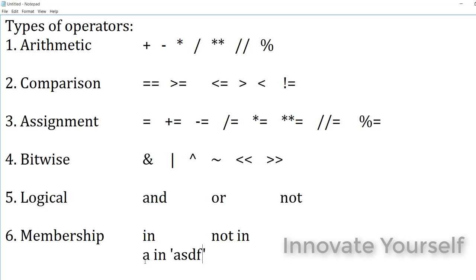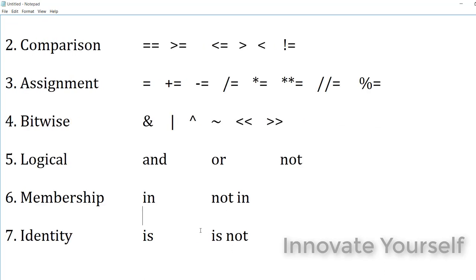So if I want to check whether this value is present in this string, in that case I can check this and it will return me some boolean expression like true or false. Similarly, if I want to check whether this is not in this, then it will return false because it is checking that it is not in this, but it is actually inside this string, so it will return me false. So in this way my membership operator works.